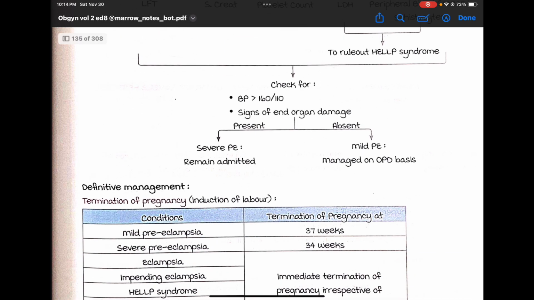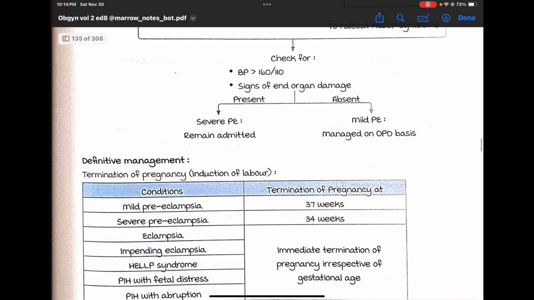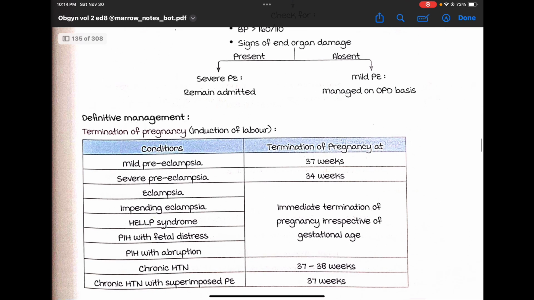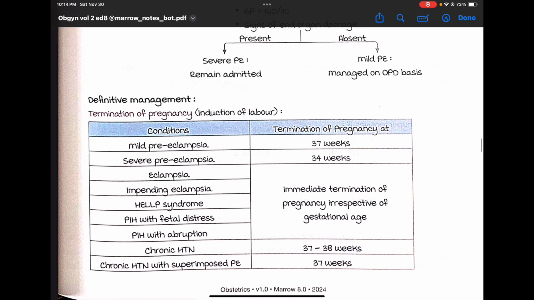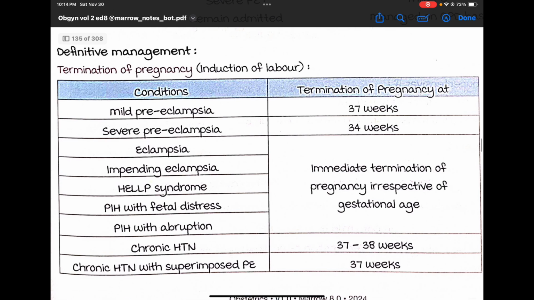Check BP: more than 160/110 or signs of end organ damage means severe preeclampsia, remain admitted. Mild preeclampsia is managed on an OPD basis. Definitive management: termination of pregnancy, induction of labor.